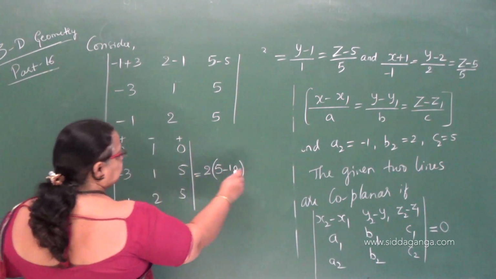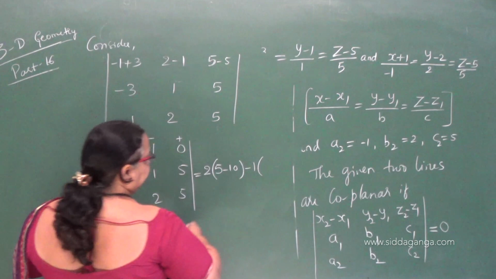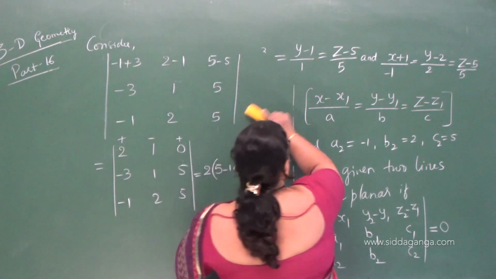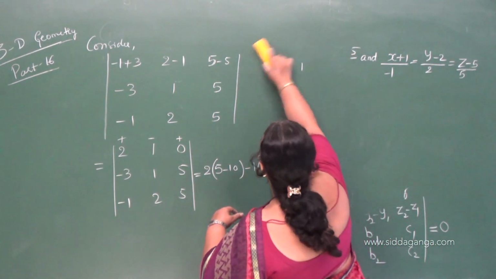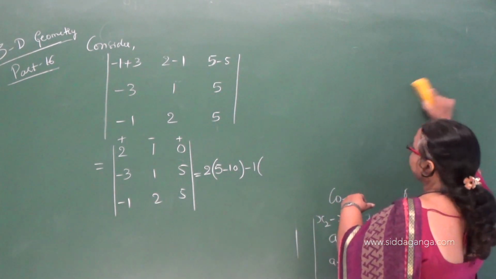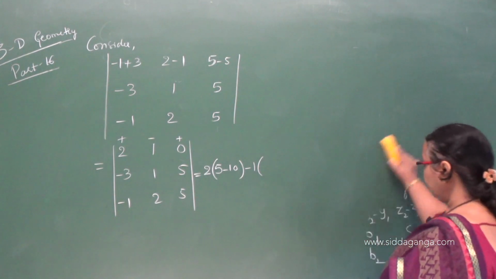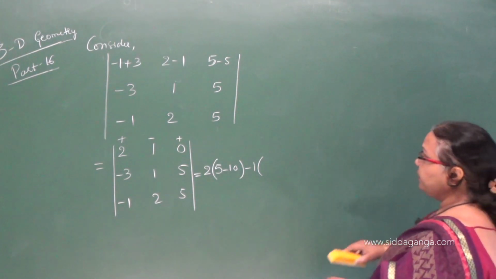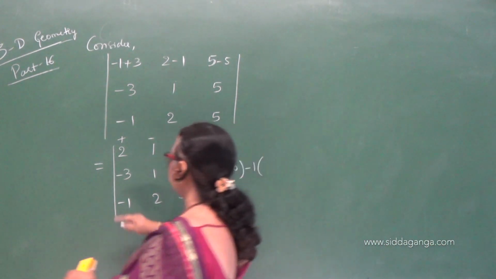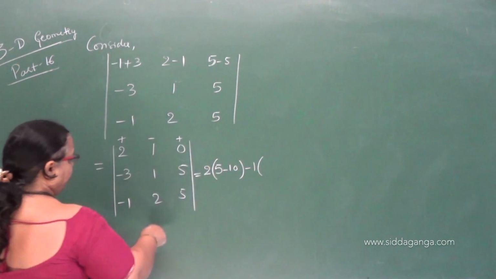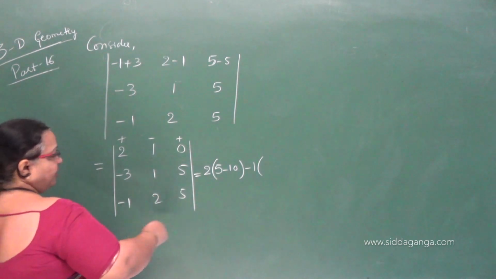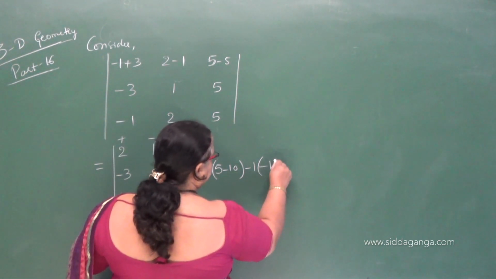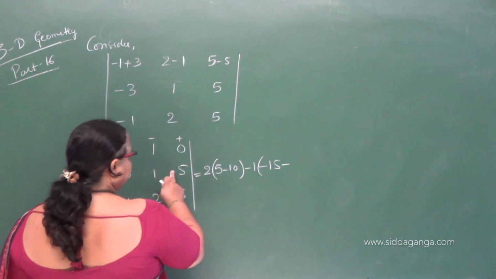Plus into minus is minus 1 into, delete this row and column, minus 15 minus 5.